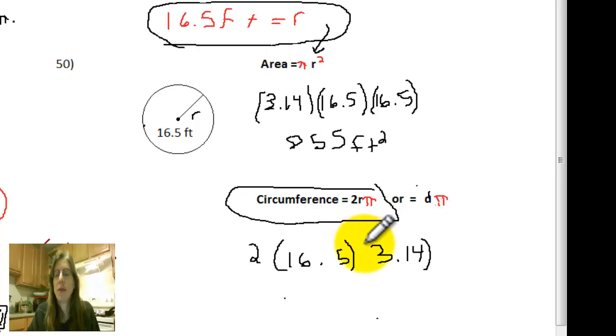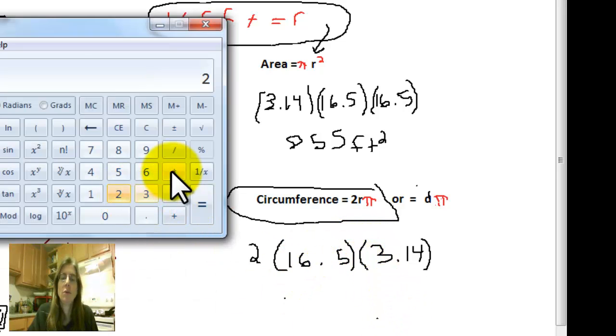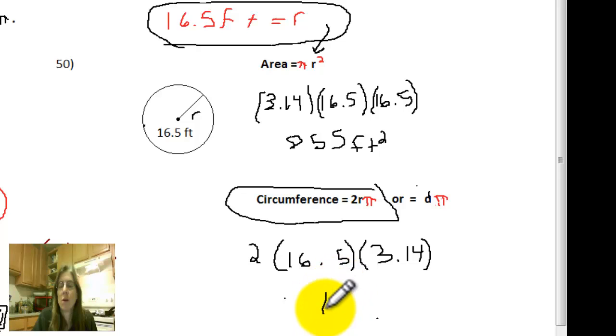Okay, let's multiply that. On the calculator, 2 times 16.5 times 3.14 equals, we'll round that to a 4 because that is a 6, and that is 104, and this is circumference, so it's just feet.